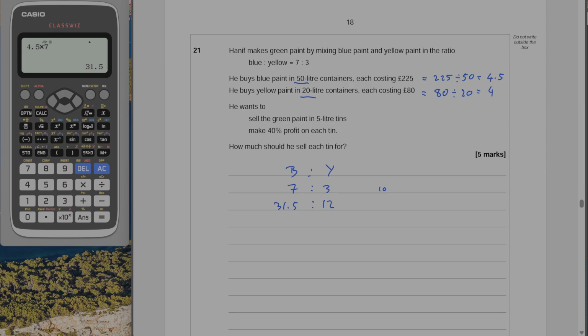So to make 10 litres of green, we would need to spend a total of 31.5 plus 12, which is £43.5 for 10 litres.